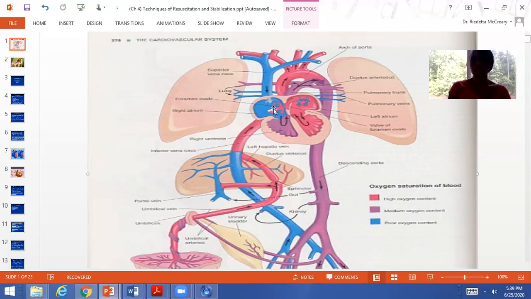Most of the blood that enters the right atrium will then cross over into the left side of the heart to the left atrium through another shunt called the foramen ovale. Now, some of the blood that comes into the right atrium will go down into the right ventricle and then go out to the pulmonary artery to get to the lungs and then back through the pulmonary vein.